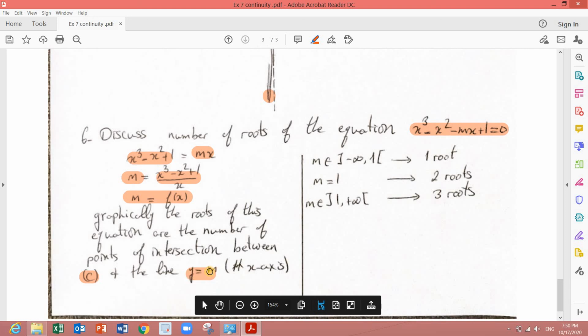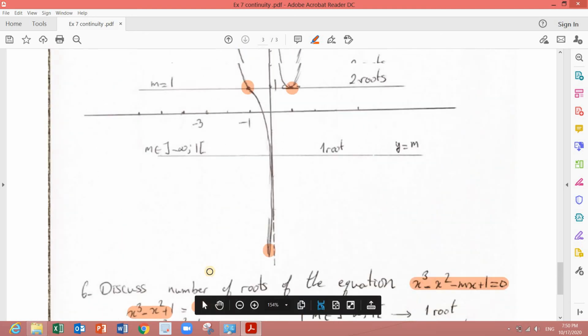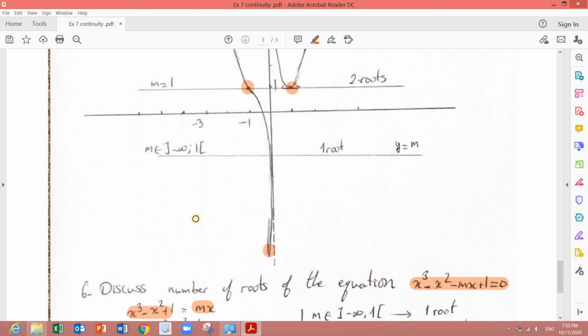So f(x) equal m graphically is the intersection between the curve and the line y equal m parallel to the x-axis. Here, this is the line y equal m. We start from below, this is y equal m, this line here. Every line here will cut the curve in this region. From this region to that region will cut the curve in 1 point.